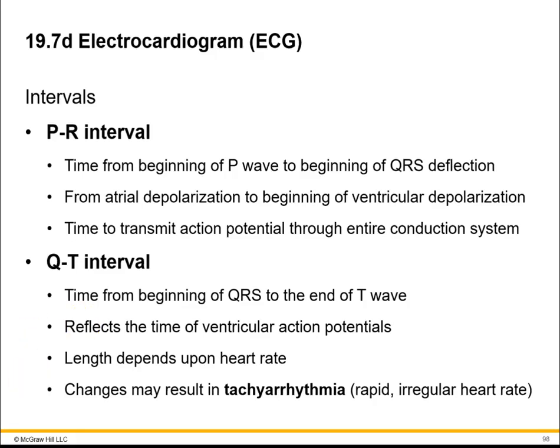There are some medications, some conditions that lengthen the QT interval, and some conditions that shorten the QT interval. And basically what this does is this messes with the contraction of the ventricles. It messes with the ventricles being able to fill up properly and fully contract all that blood out. And so messing with the QT interval can have devastating effects.